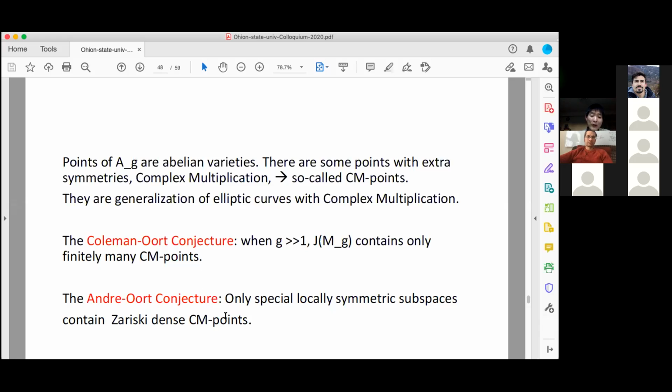And the André-Oort conjecture says only special locally symmetric spaces inside A_g will contain many CM points, Zariski dense CM points. If a subvariety contains Zariski dense CM points, then this subvariety is very special. It's a locally symmetric space. So the image is not such a special one.